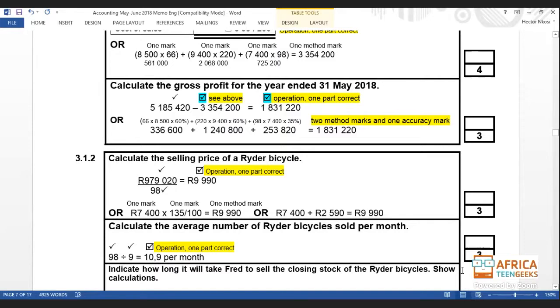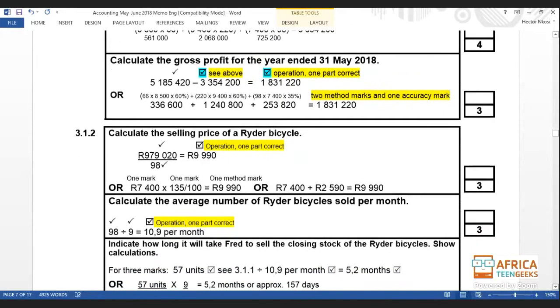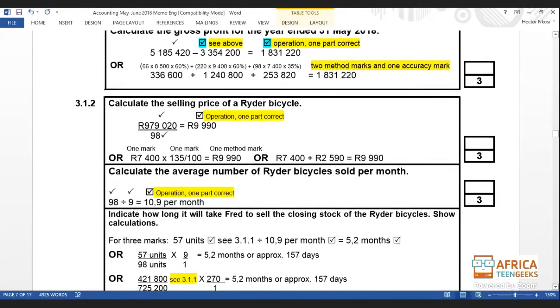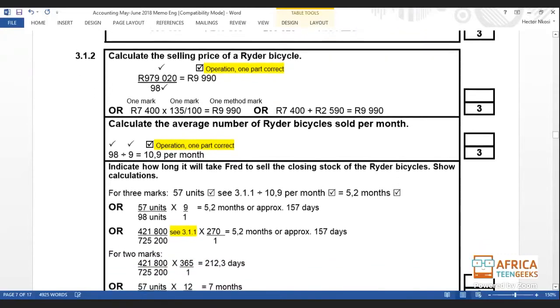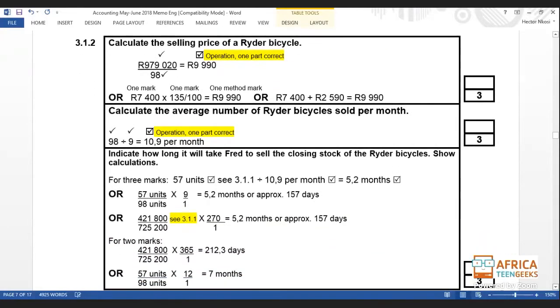Then the next question says indicate how long it will take. You see, the previous one was the average number. This one says how long it will take Fred to sell the closing stock of rider bicycles. Show calculations. This one is one of the liquidity ratios. There are many ways you can do it.